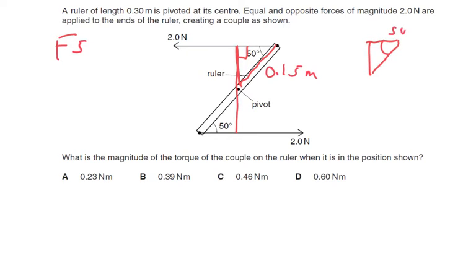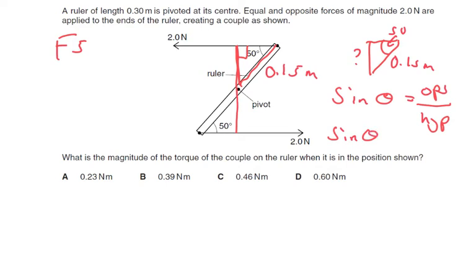We've got our 50 degrees here, and we know this is 0.15 meters. We need to find this here. So sine theta is equal to the opposite over the hypotenuse. So we want to find out what the opposite is. We're going to do sine theta times by the hypotenuse.